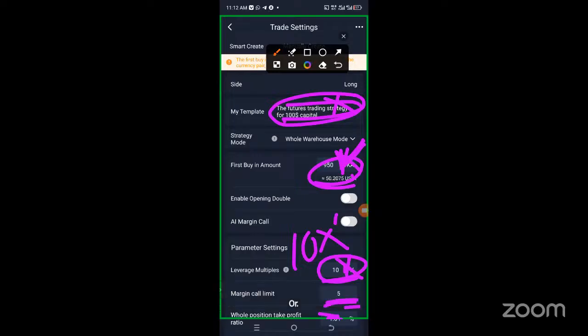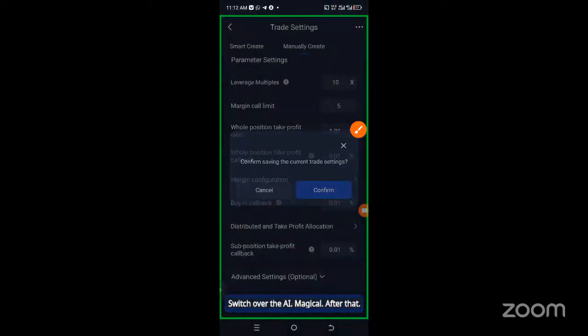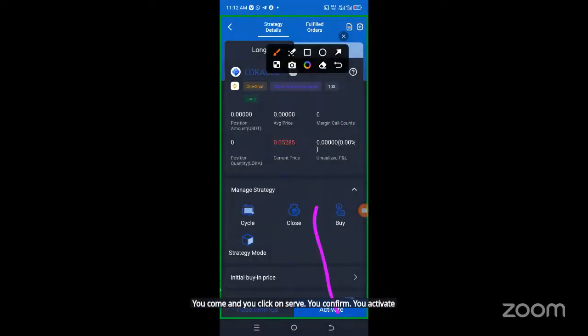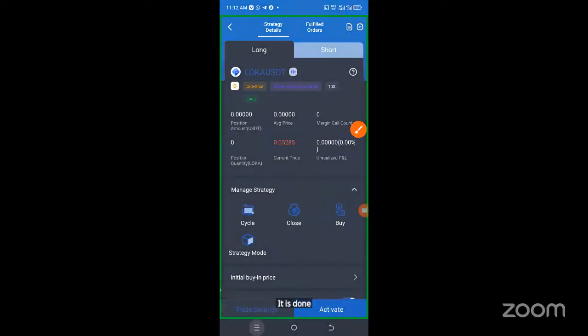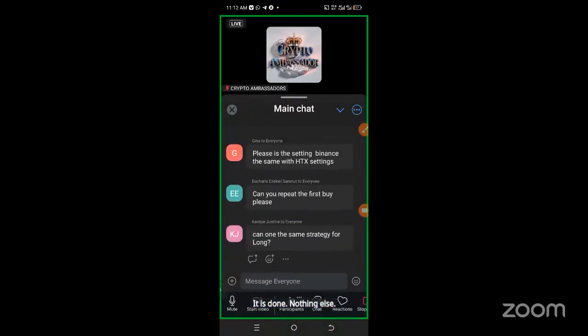Or you can even switch off the AI margin call. After that, you click on save, you confirm, and you activate the trade. It is done. Nothing else.